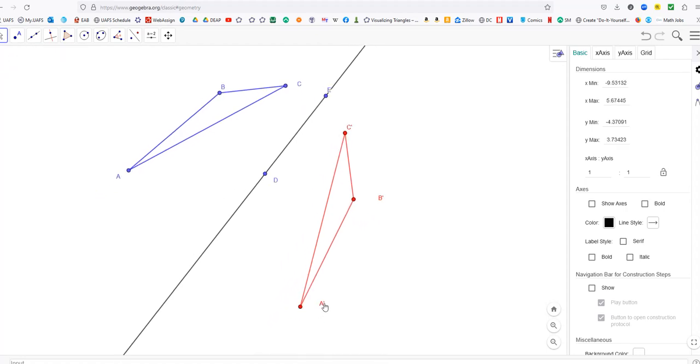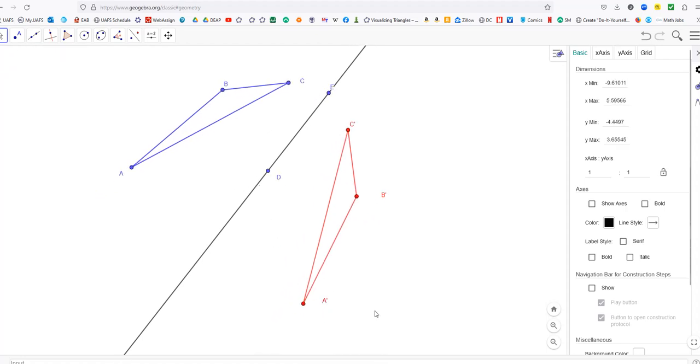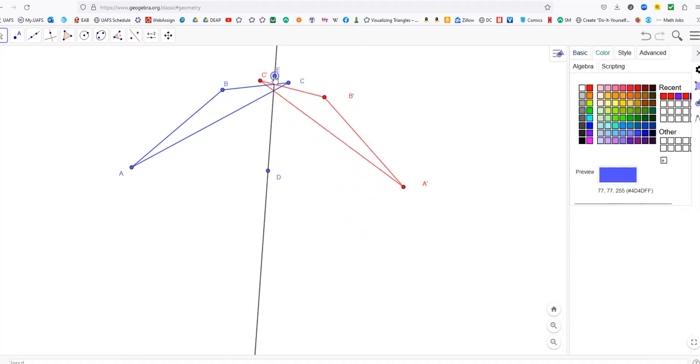So the images are of A is A prime, image of B is B prime, image of C is C prime, and so forth. Now, that's what we get for a mirror image. Notice there's no way to just slide it over there on top of that one or rotate it to there. It's going to be oriented the opposite way. So this is going to be a reflection involved.